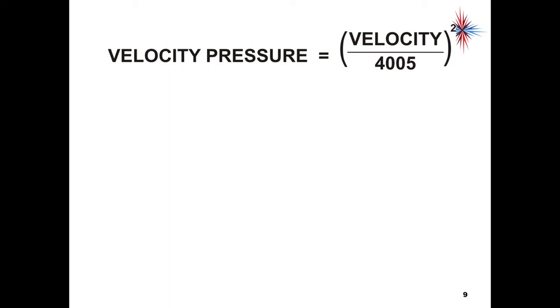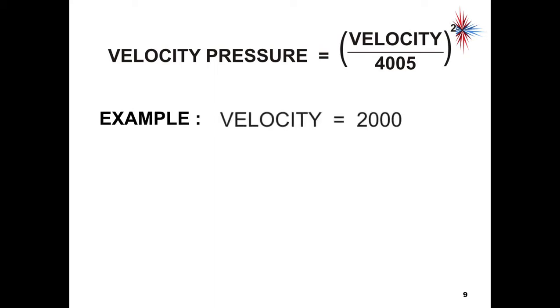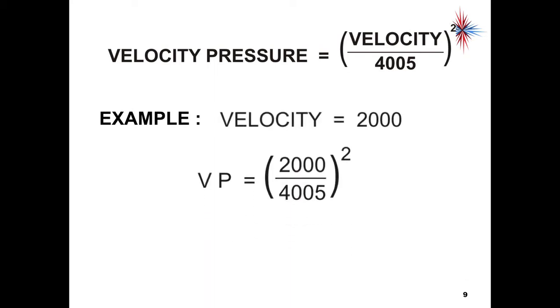Velocity pressure equals velocity divided by 4005, squared. So if my velocity is 2,000, my velocity pressure would be 2,000 divided by 4005 squared.